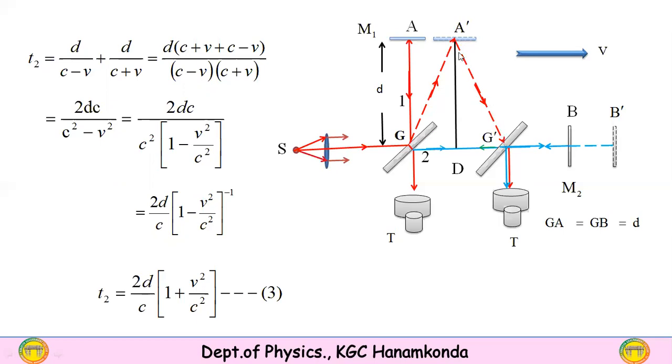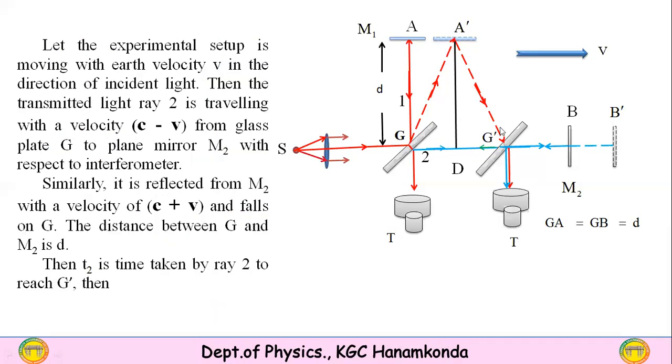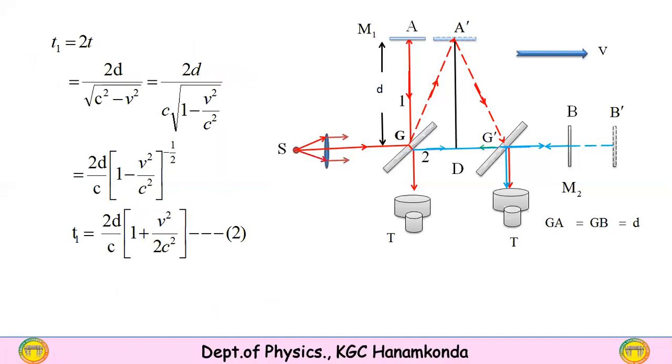The path taken by the reflected ray is G, A dash and G dash. We have calculated the time taken by ray 1 to travel G A dash G dash, which is equation 2: 2d by c into 1 plus v square by 2c square.